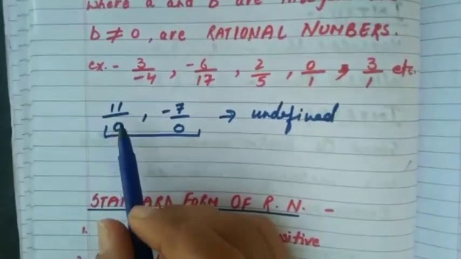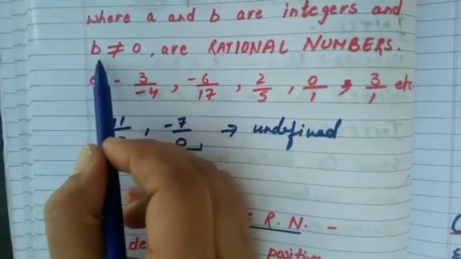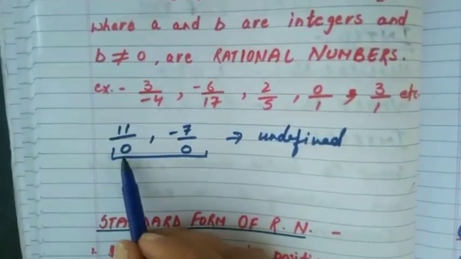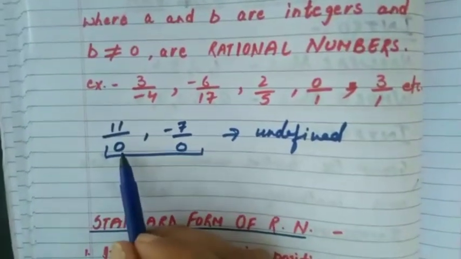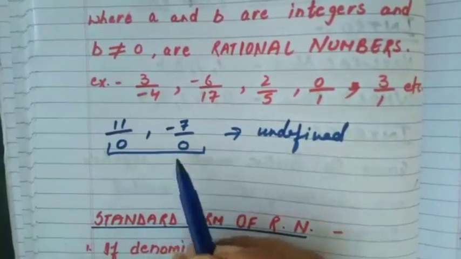Because what was our condition? Our condition was b should not be equal to 0, that means the denominator should not be equal to 0. But in both examples we have denominator 0. So these two numbers, or any other number having denominator 0, are not rational numbers.